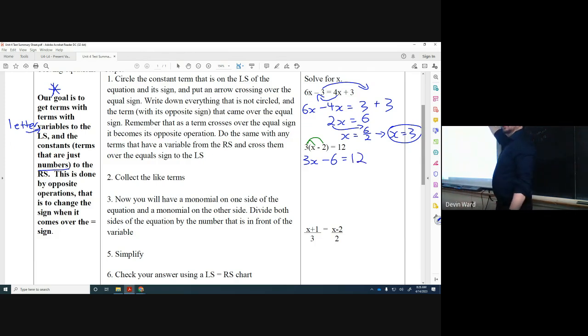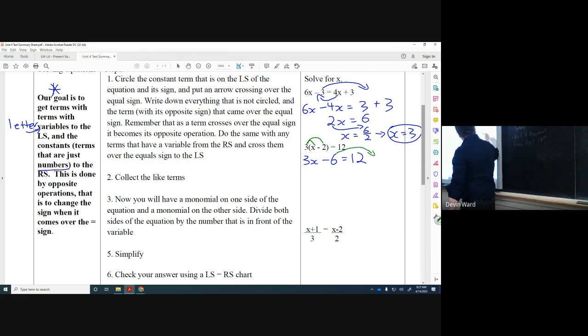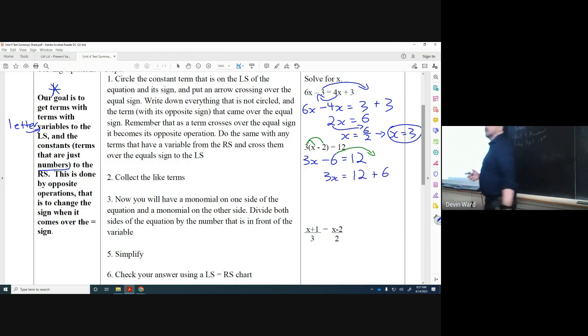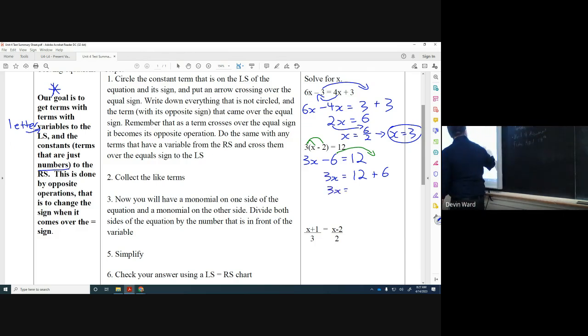Now it's just like our last question. We don't have x on both sides, so it's a little bit easier. We bring over the 6 because I want all my numbers on the right. You leave it at 3x equals 12 plus 6. Perfect. I simplify that, gives me 3x equals 18.